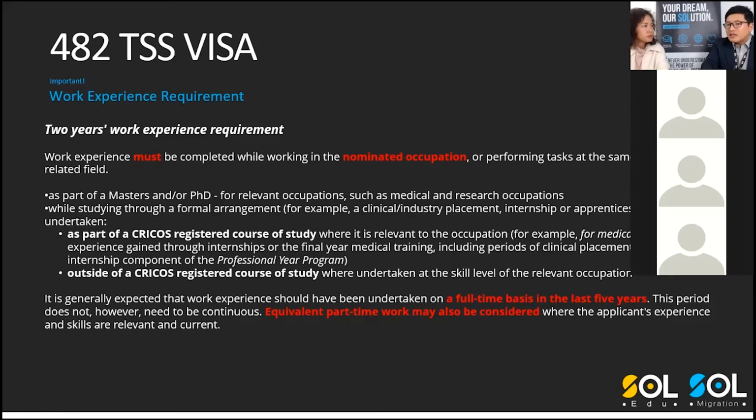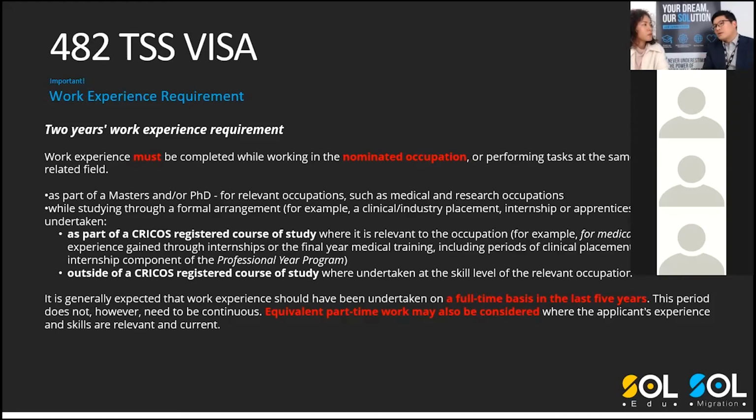When you're counting work experience for the skilled visa points, your experience must be counted after you complete your qualification. So post-qualification experience is only applicable for the skilled visa.